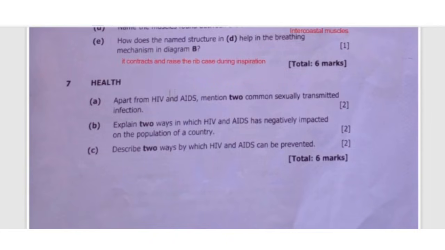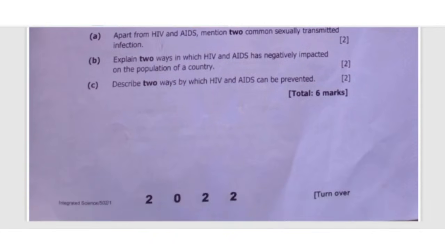We come to question number 7. Apart from HIV and AIDS, mention two common sexually transmitted diseases. One is gonorrhoea.